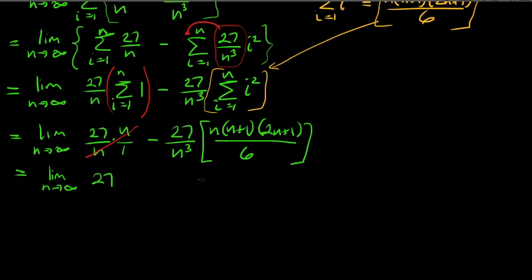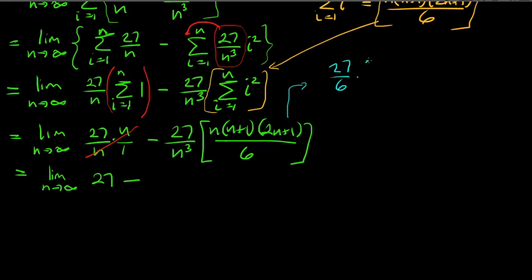Okay, now we get this big mess here, and this is a lot of algebra. Because I really want to make this next step as simple as possible, I'm going to do this one separately over here. So what do we have? We have 27 over 6. We can reduce that. Let's multiply this out. We're going to get n squared plus n times 2n plus 1.